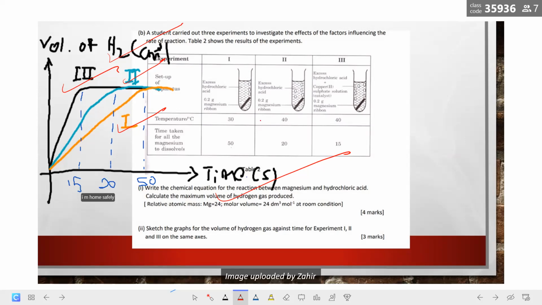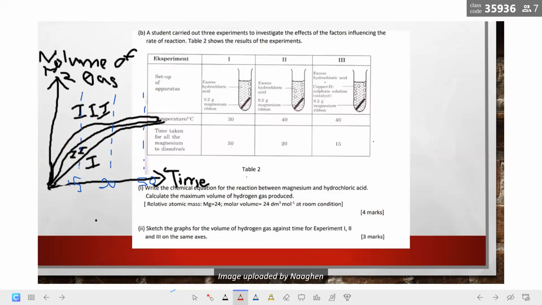Okay, good job. Well done also. So we've got Kisha, we've got Zahir giving the correct answers. Now let's go on to Nagi's answer.